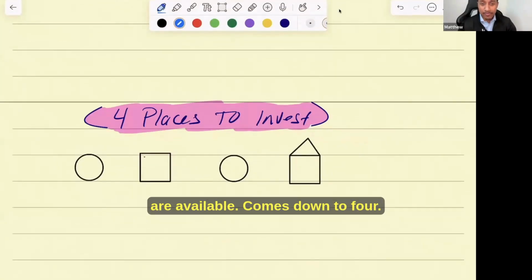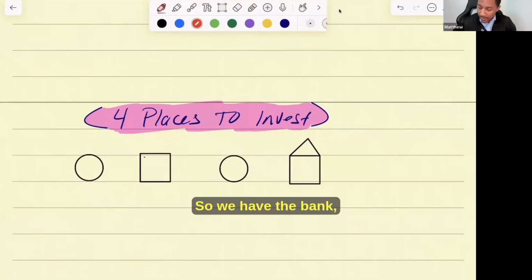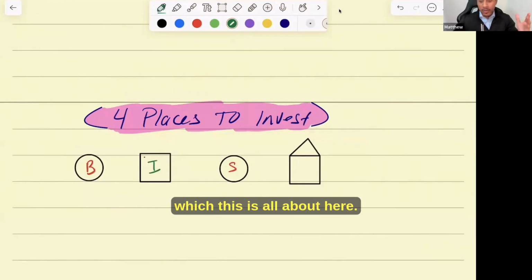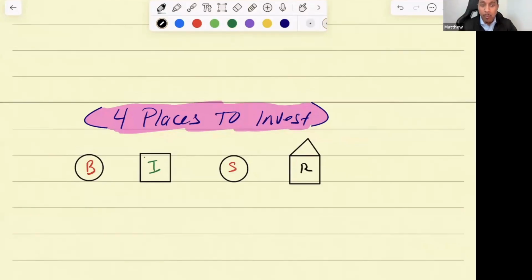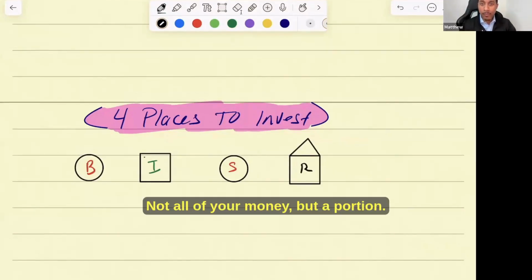We have the bank, we have the stock market, the insurance industry, which this is all about here, and we have real estate. 4 completely different options, 4 different outcomes, and they're all great options. Okay, so what is the outcome you're looking for? And that's where you put your money. Not all of your money, but a portion.